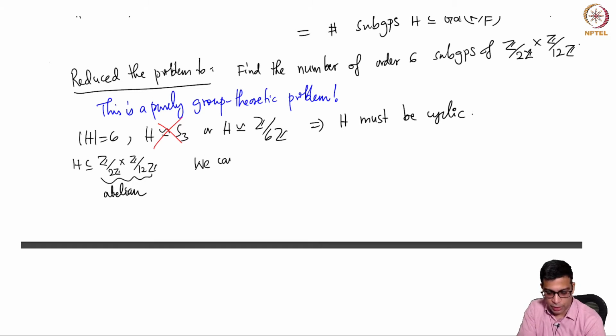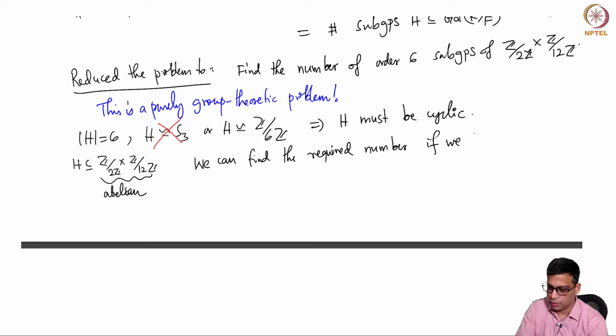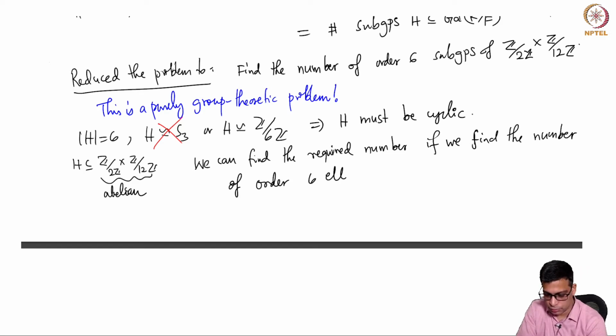We can find the required number if we find the number of order 6 elements of Z mod 2Z cross Z mod 12Z.